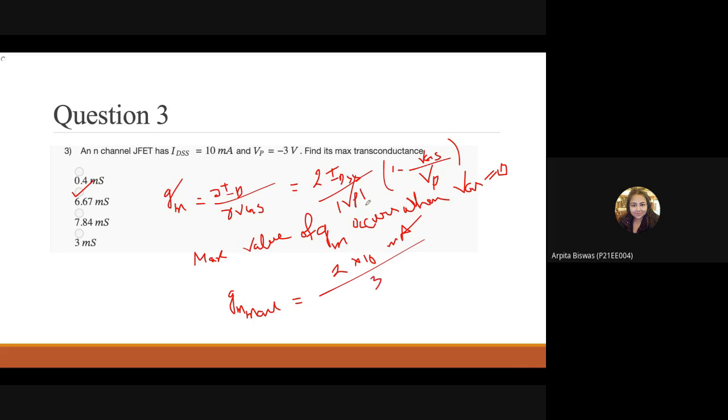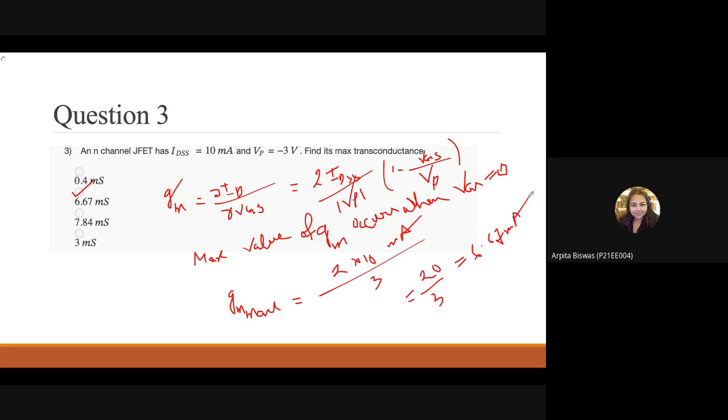The mod of VP value. So this is 20 by 3, equal to 6.67 milliamps per volt. Okay.